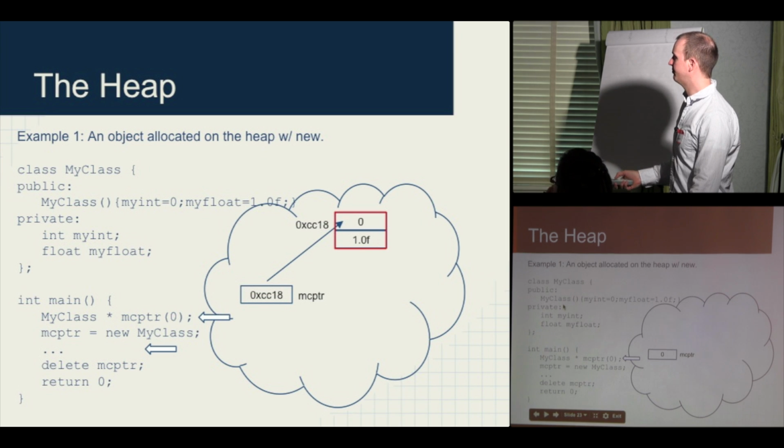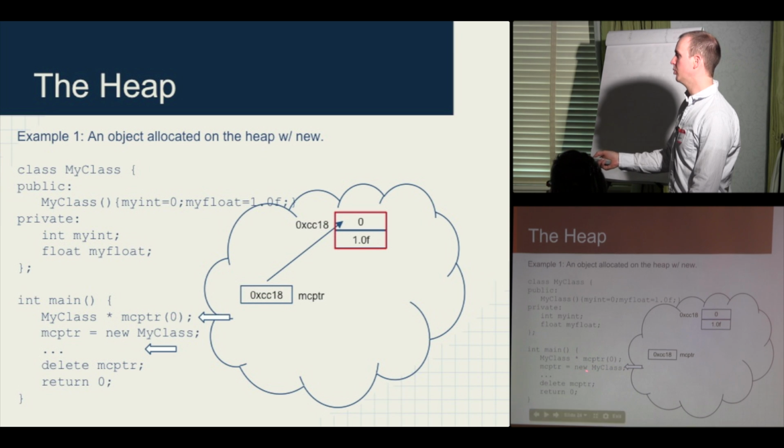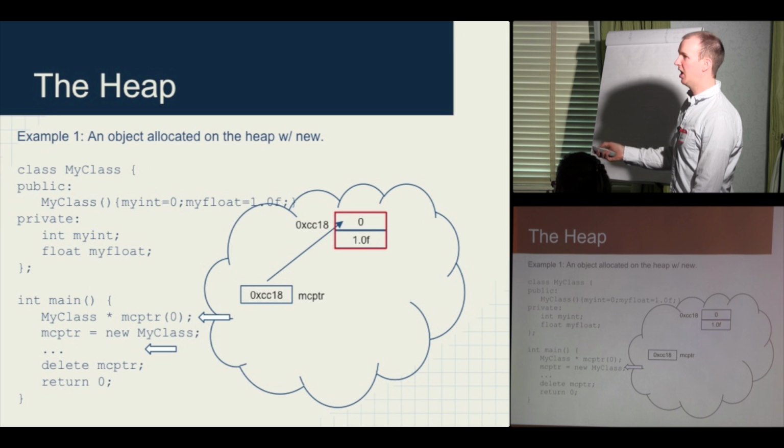All right, so when I say new my class, new returns an address, and so it's going to change the contents of my pointer. And then it also is going to carve out a region of the heap. So data was allocated somewhere over here. This is the stack, let's say.